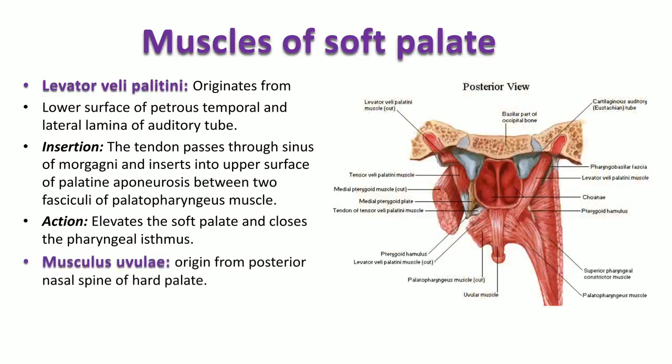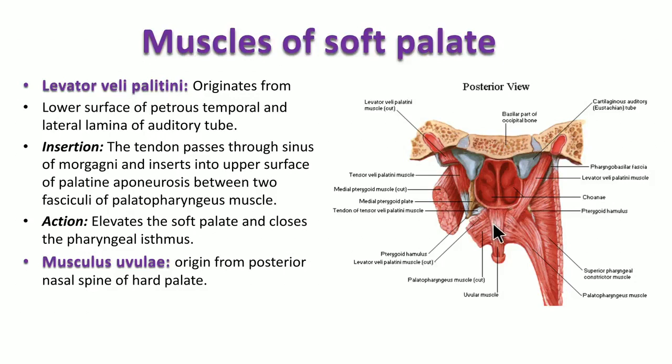The next muscle is the musculus uvulae, which you are able to see here. It originates from the posterior nasal spine and from the palatine aponeurosis.